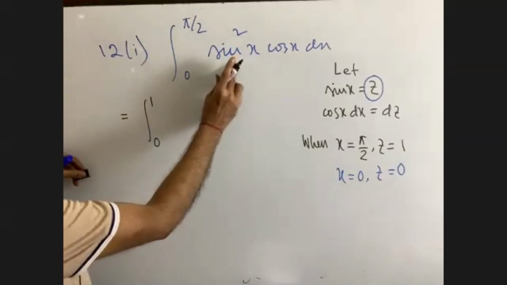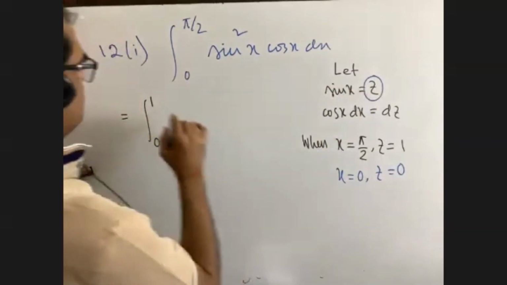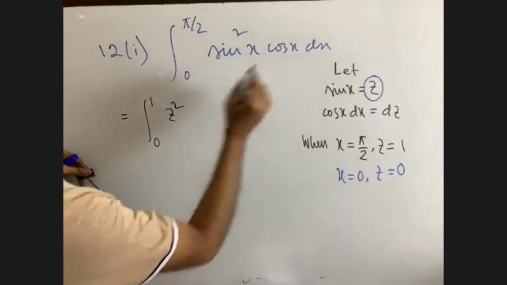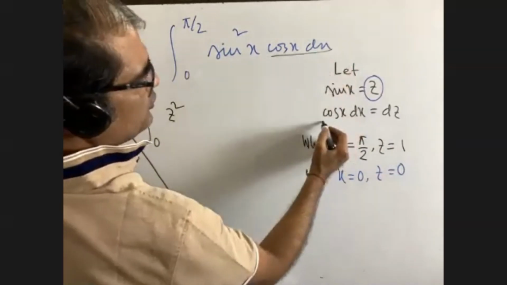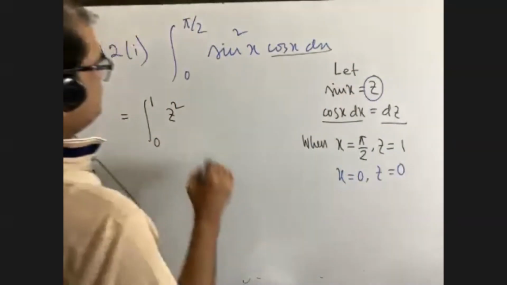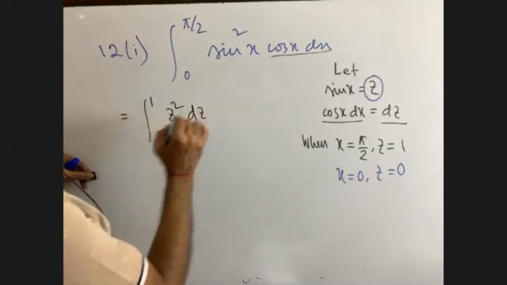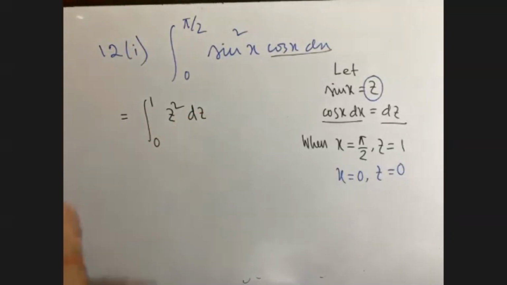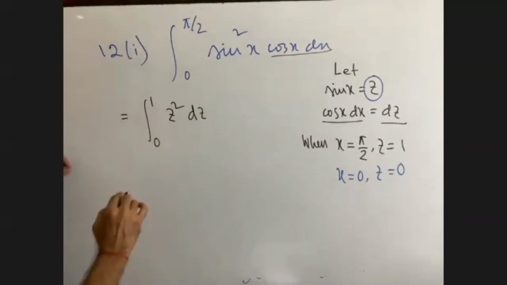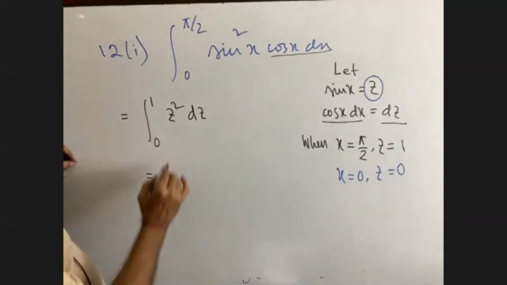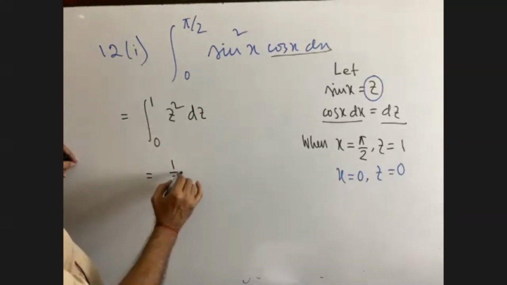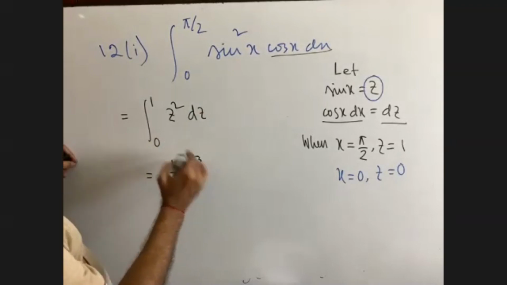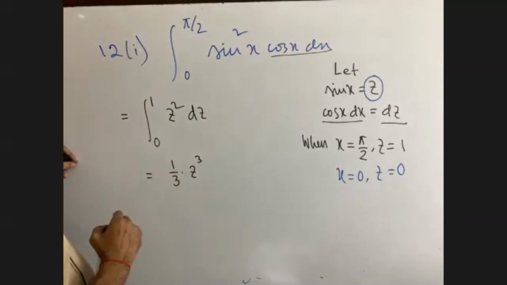So sine square x, that is sine x is z, z square. Now cosine x dx is what? Dz. Have you seen that your math has been very, very easy and simple, right? Now it is 1 by 3 z cube.